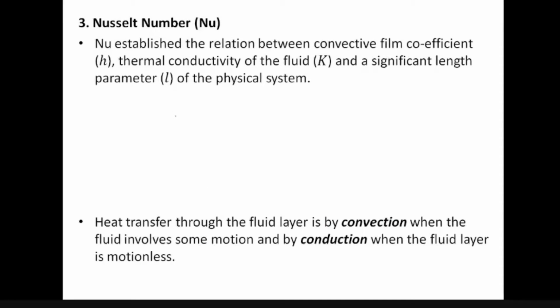Nusselt is an important number because Nusselt has the formula roughly hL by k, where k is of a fluid. If you remember the Biot number, the Biot number has the same formula, but there k is of a solid, because at the time of transient heat conduction we analyze using the Biot number.